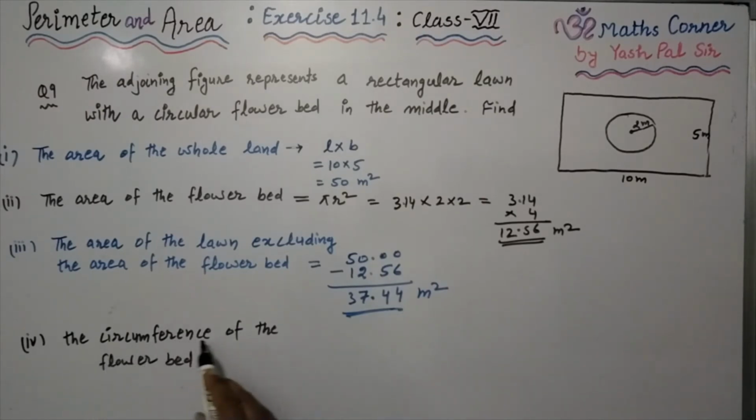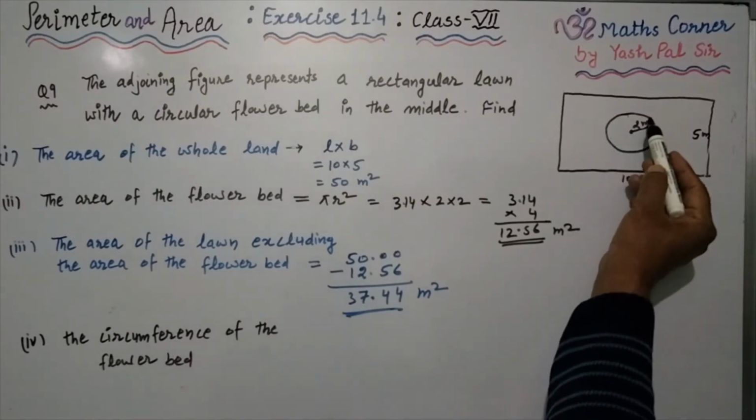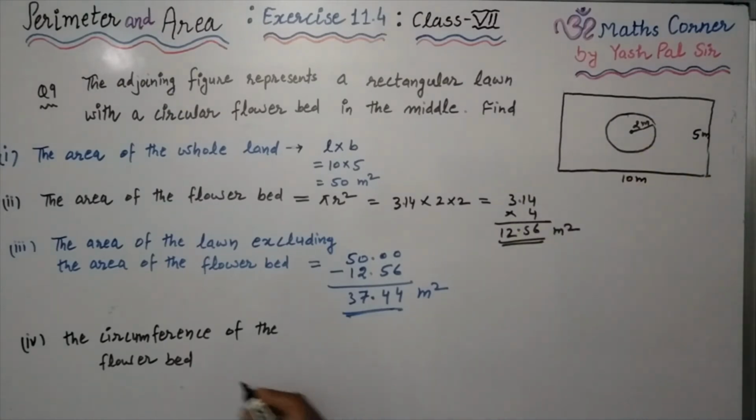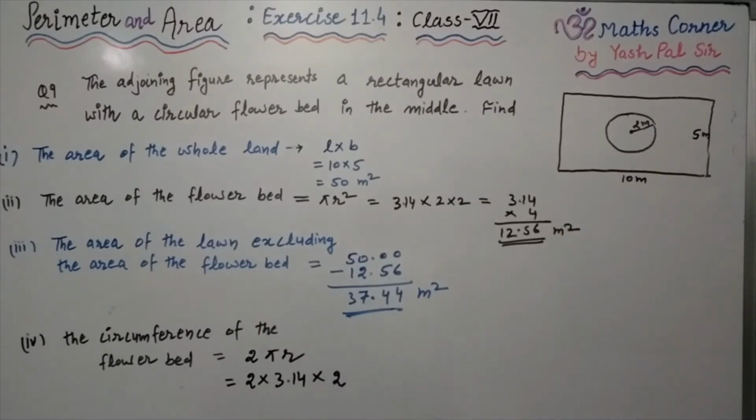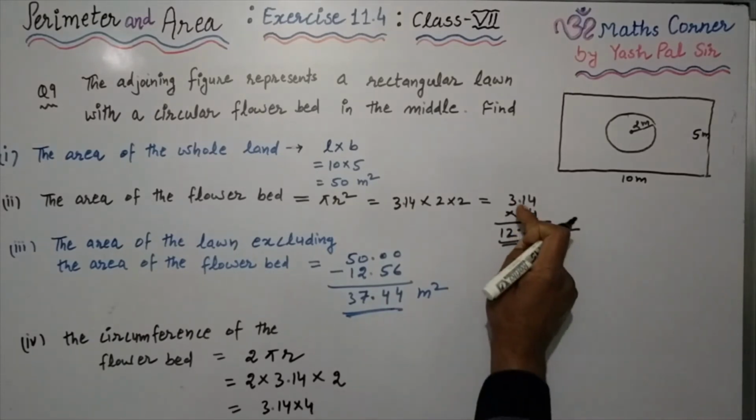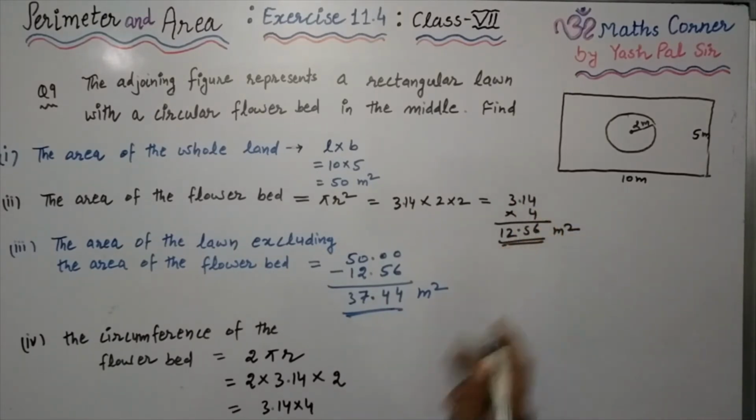Fourth part, find the circumference of the flower bed. Circumference formula we know, 2 pi r. This is equal to 2 into pi, 3.14. R is 2. We multiply this now again. 2 into 2 is 4. 3.14 into 4, this is already calculated.